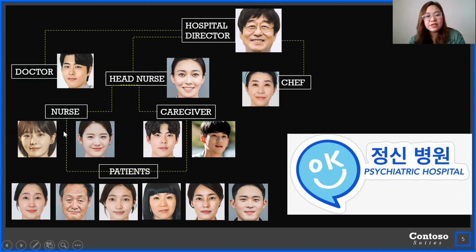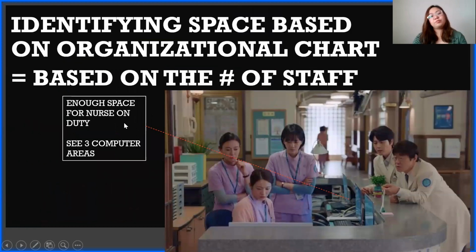Pero yung nurse natin naging dalawa and then yung caregivers. So, pwede nating ibase yung ating mga spaces, the sizes, the dimension of each space based dun sa dami ng staff. Ma-identify natin through the organizational chart.